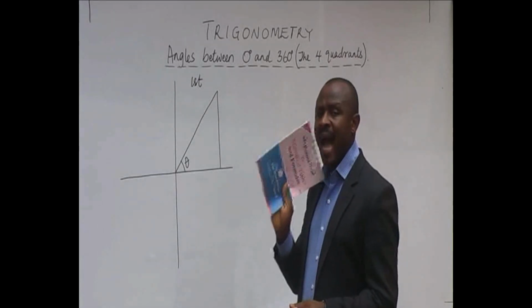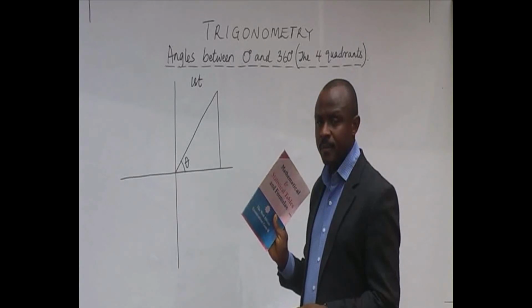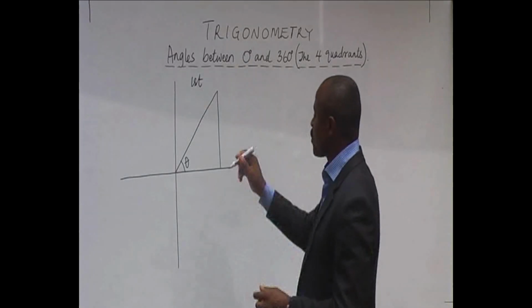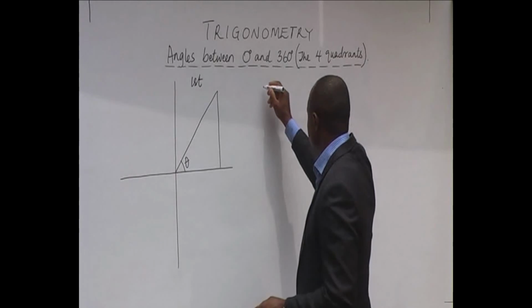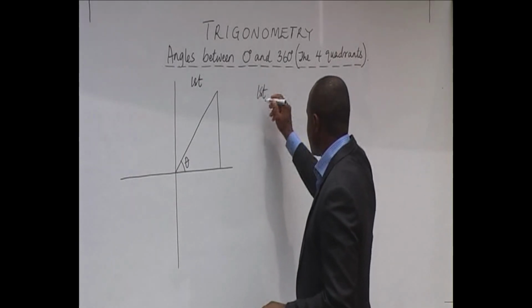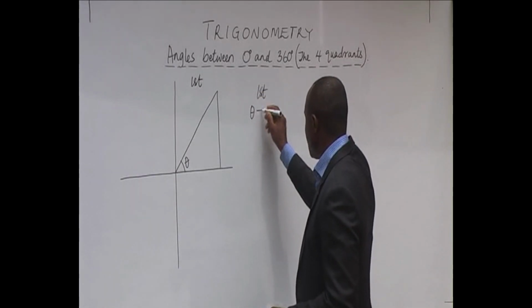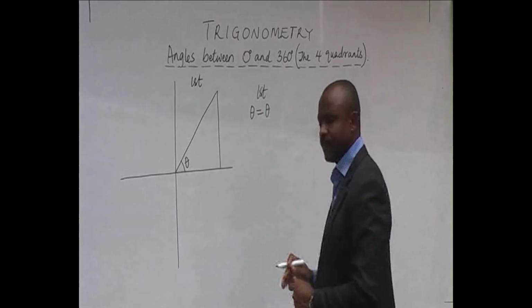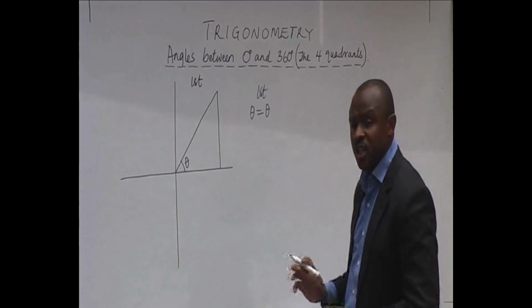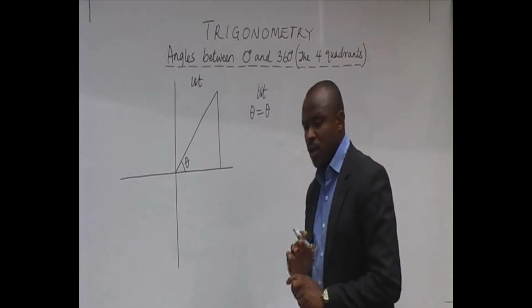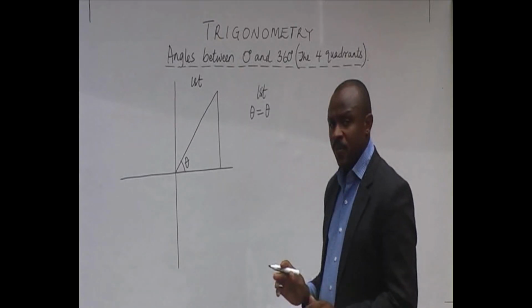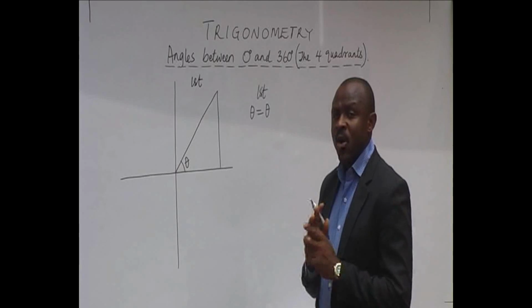We call them acute angles. So in the first quadrant, theta is equal to theta. No application of any law. No conversion. No searching for equivalent angles.